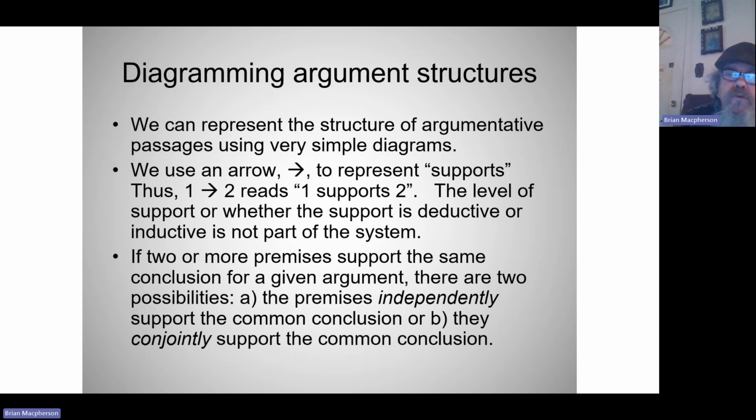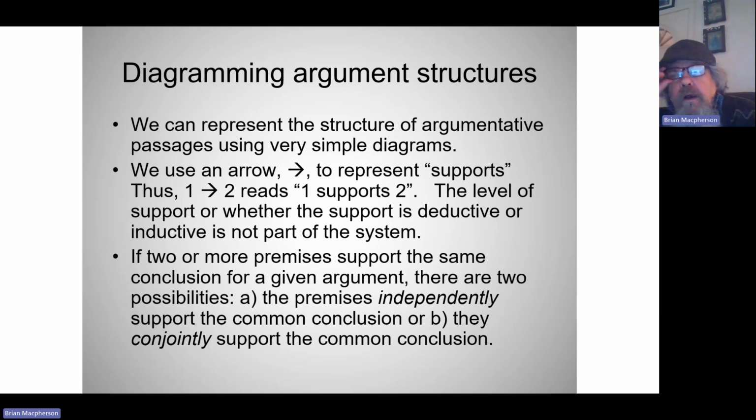So whenever you're trying to fit an argument into a pattern, don't put it into either affirming the consequent or denying the antecedent because those are both invalid arguments. Instead, you're going to try to see if you can fit it into modus ponens, if P then Q, P therefore Q, or modus tollens, if P then Q, not Q, therefore not P. We saw some additional valid argument patterns that you might try to fit the argument into.